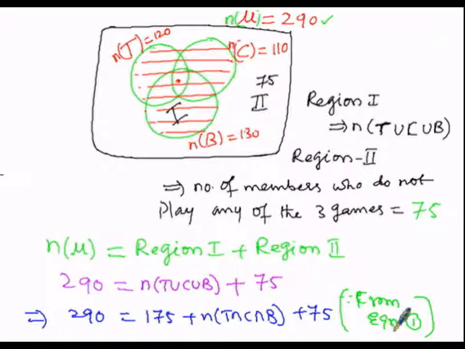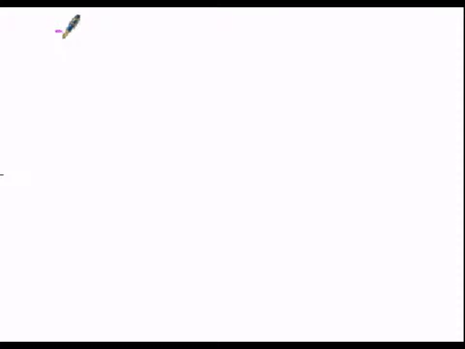Then the next logical step will be 290 is equal to 175 plus n of T intersection C intersection B plus 75.